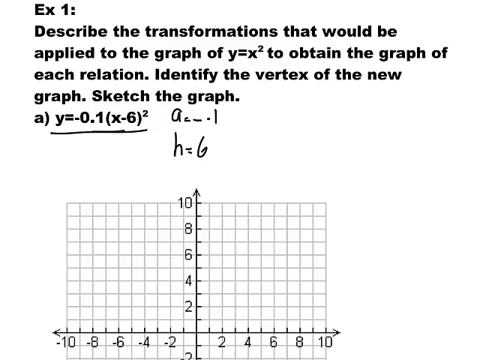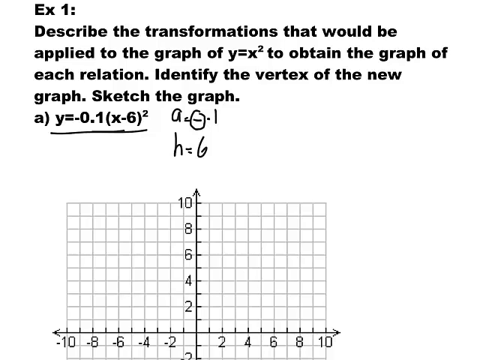This means that because of the negative for a, the graph of the base function is going to be reflected upon the x-axis, and because the a value is between 1 and negative 1, it is going to be compressed vertically. And because h is 6, the base function is going to move 6 units to the right. So that's the transformations.